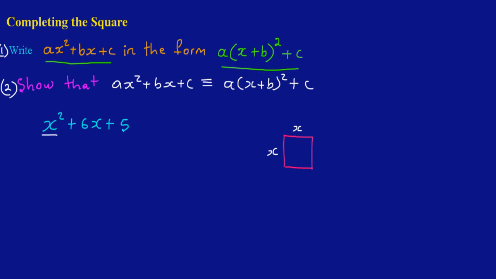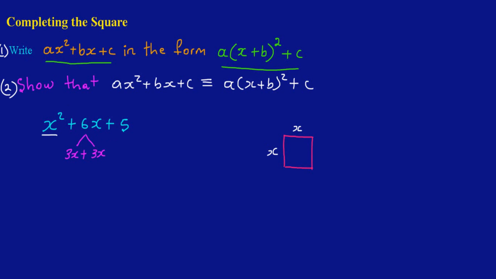We learned earlier that when we're trying to find if a quadratic is a perfect square, we take half of b, and in this case b is 6. So I am going to split this middle term in half, divide it by 2, and this would give me 3x plus 3x, which is the same as 6x.